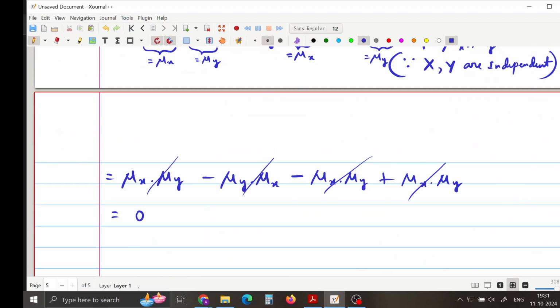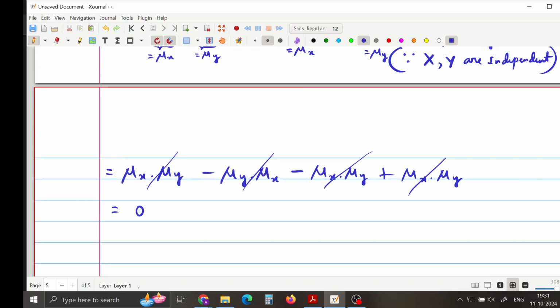So covariance of x and y is equal to 0, which means x and y are uncorrelated.